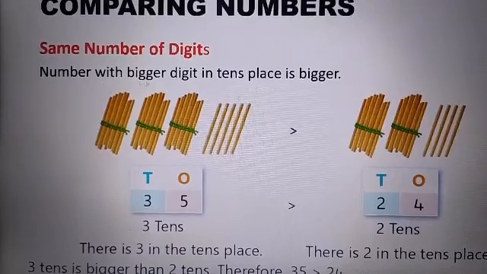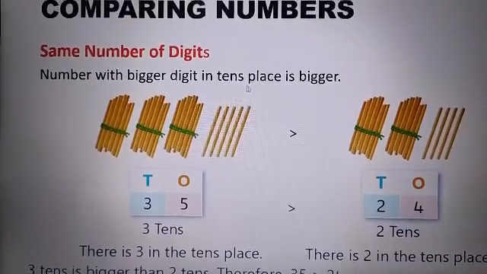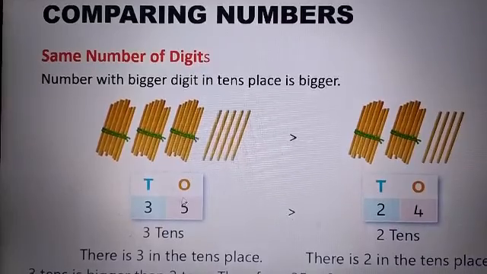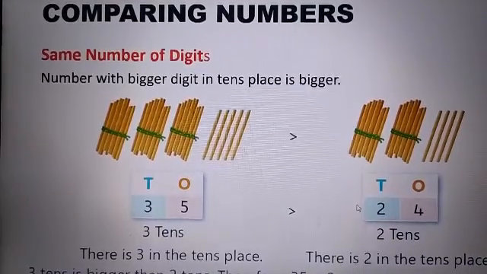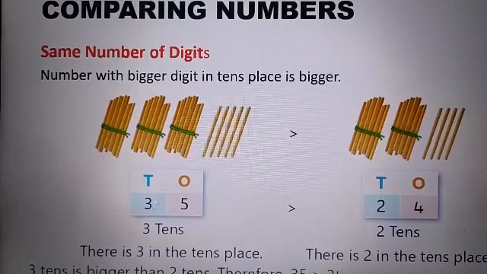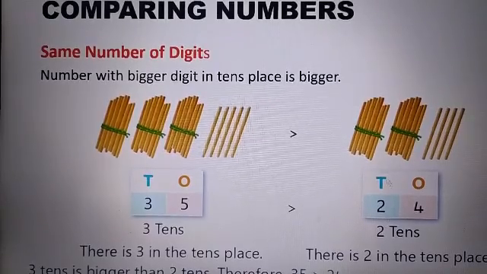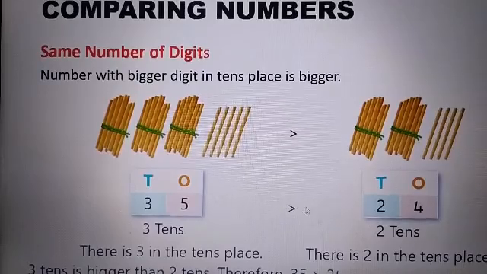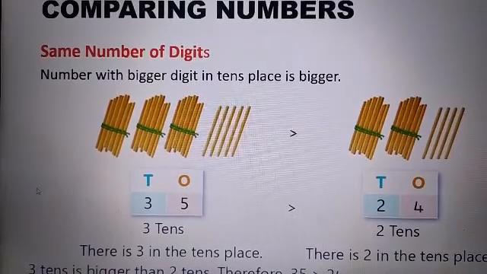The number with the bigger digit in the tens place is bigger. So kids, when you have 2-digit numbers, always remember the number which is in the tens place. You have to compare with this number. If it is bigger, the greater than sign will come towards this side.